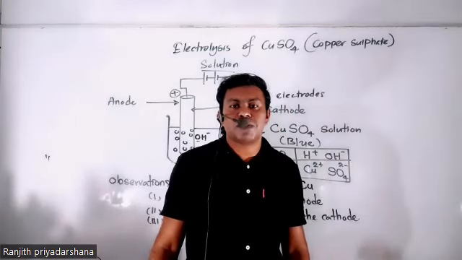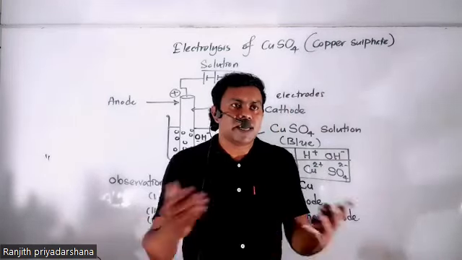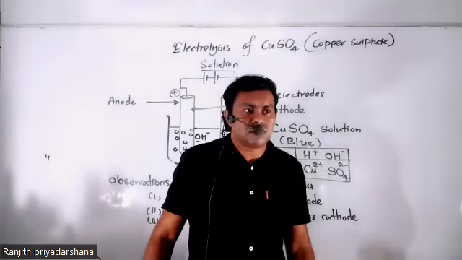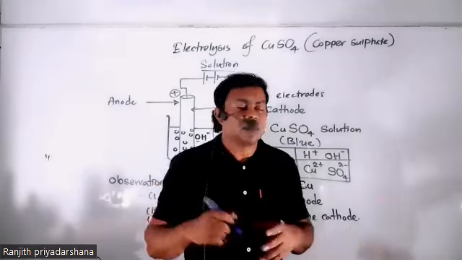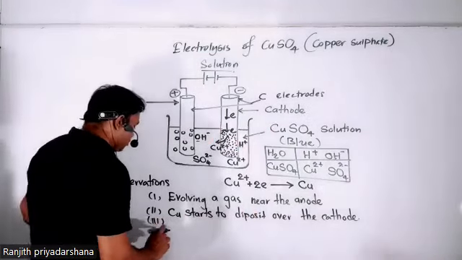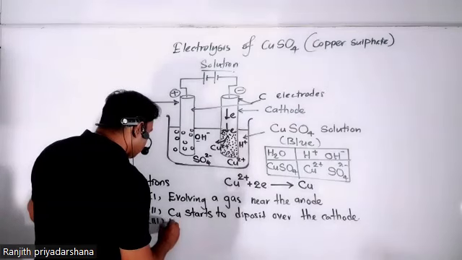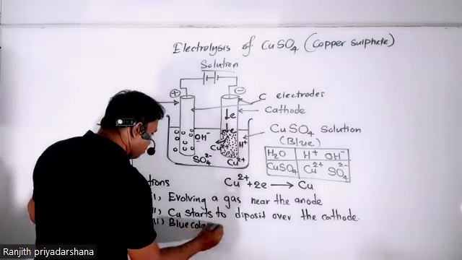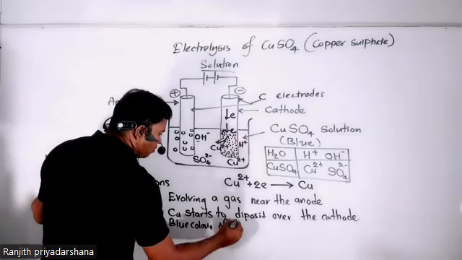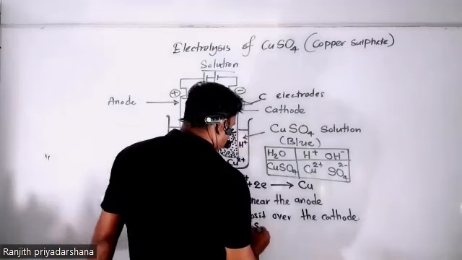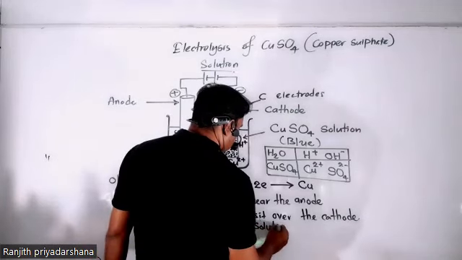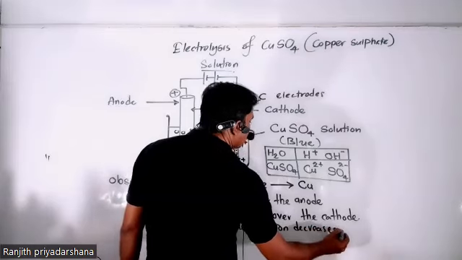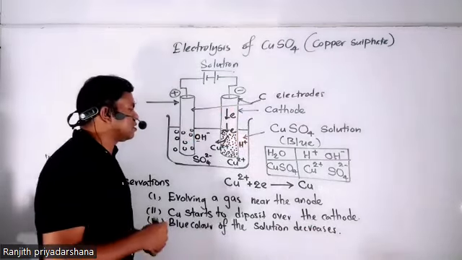Copper starts to deposit on the cathode, leaving the solution. So what happens to the blue color? The blue color of the solution decreases.